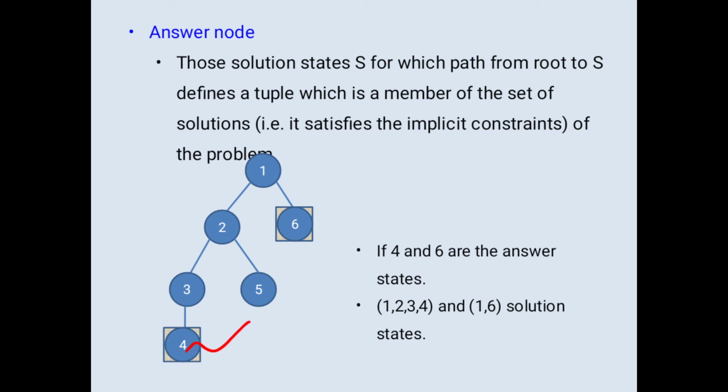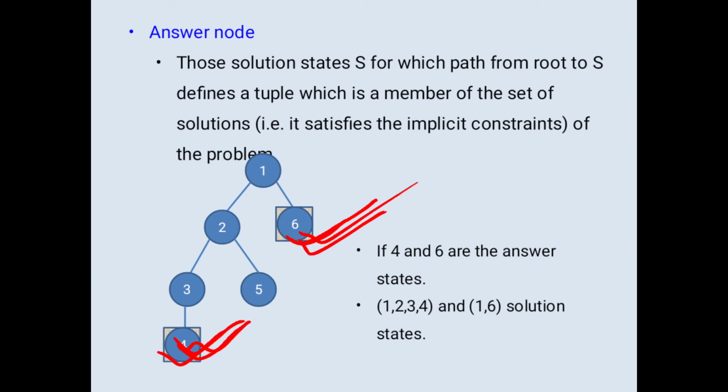Here they specify the numbers 6 and 4. That means 4 and 6 are the answer states. The nodes 6 and 4 only satisfy the conditions, that means the constraints, so that solution is called a feasible solution. 6 and 4 are the nodes that satisfy the condition, so this is the answer set, and it is the optimal solution.